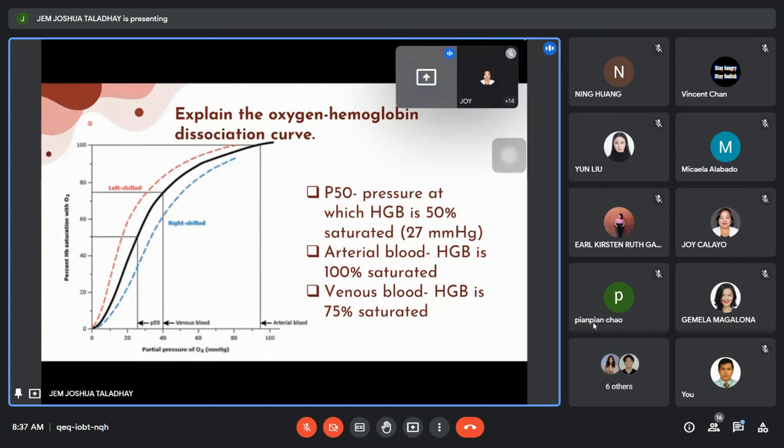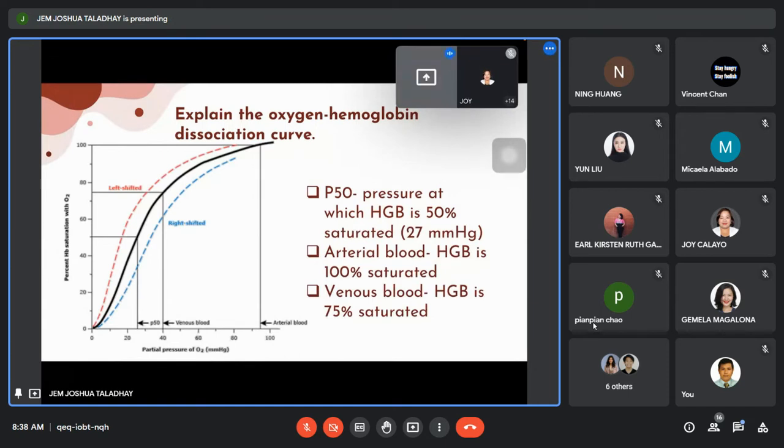If the saturation is 50%, it means that the hemoglobin carries only half of the four, so it carries two oxygen molecules. If its saturation is at 100%, there is full capacity of the hemoglobin carrying all four molecules of oxygen. And if it only has 75% saturation, then only 3 out of 4 oxygen are carried by the hemoglobin.